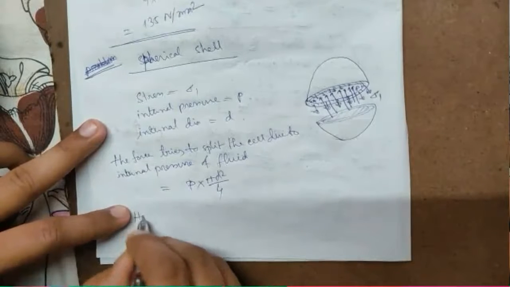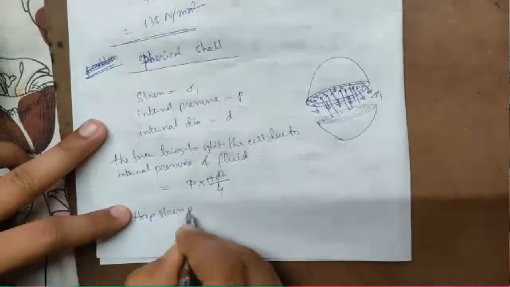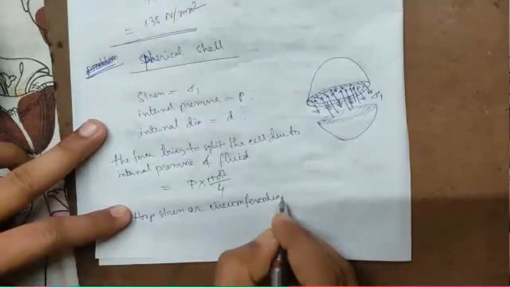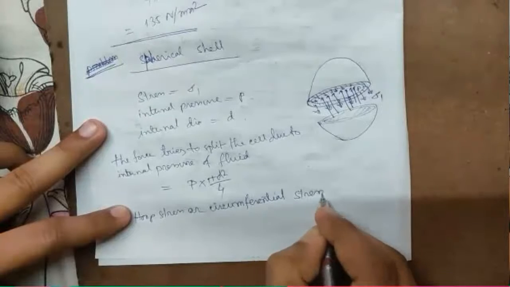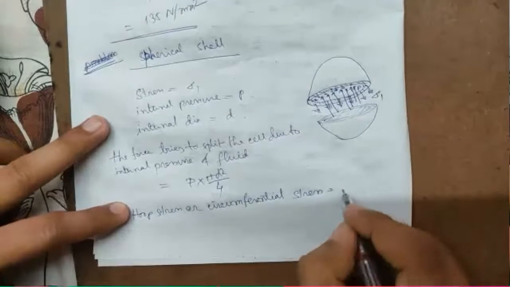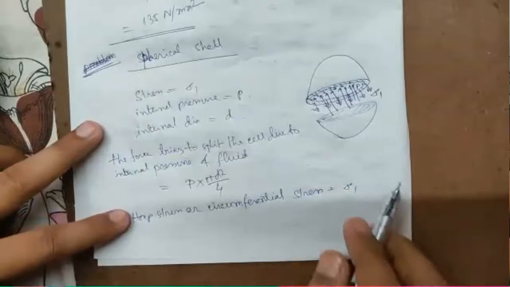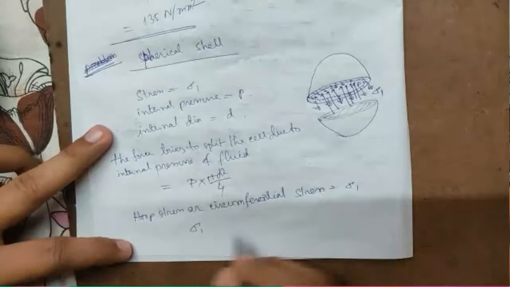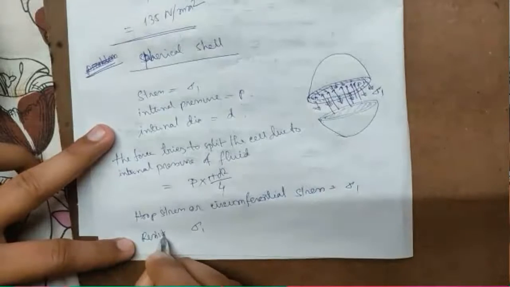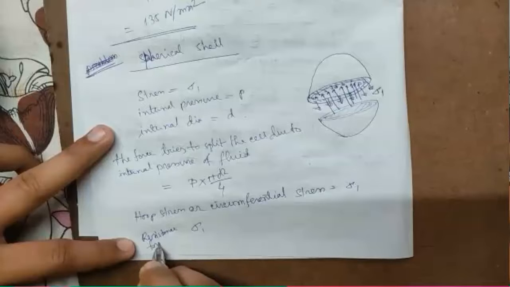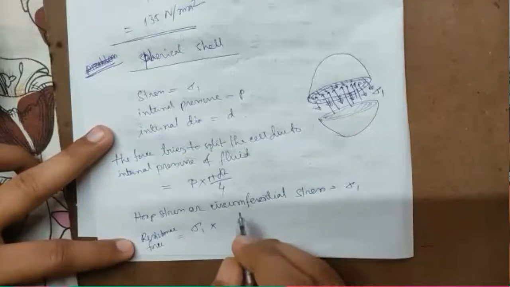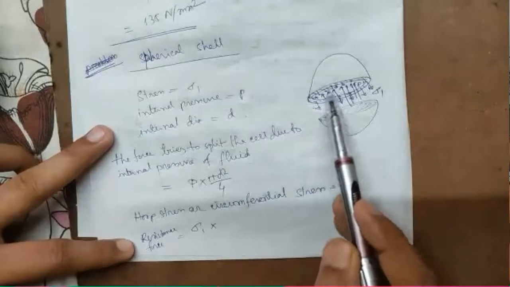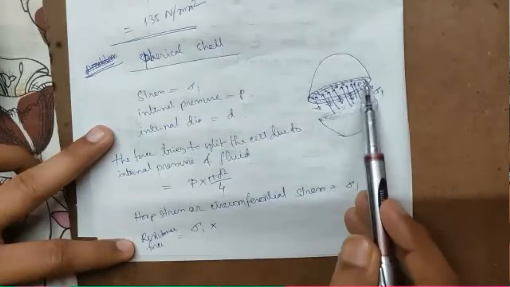If sigma 1 is the hoop stress, just like we have written there, then this resistance force will be equal to sigma 1 into the area where there is material.